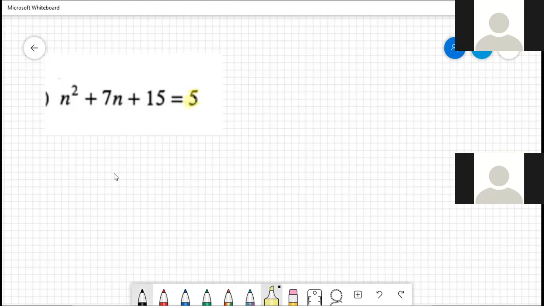So in order to do that, we're going to subtract 5. Because it's an equation, we have to do it from this side, and that's the only term we can actually subtract 5 from. So we're going to subtract it from that 15, right? So what's left when we do that is this, right? So that's where we got to get to.